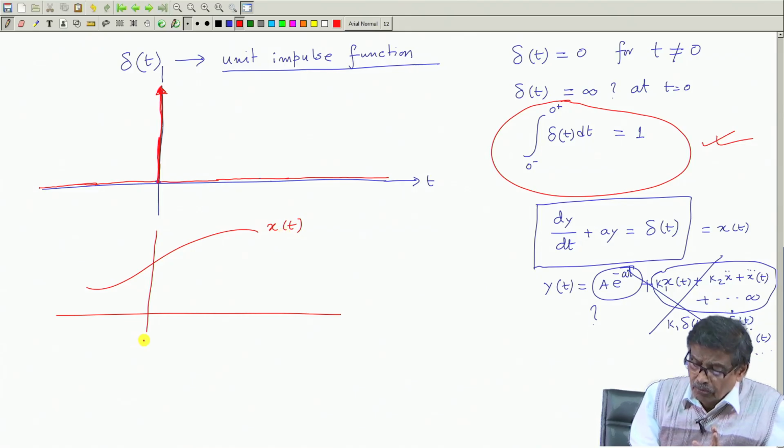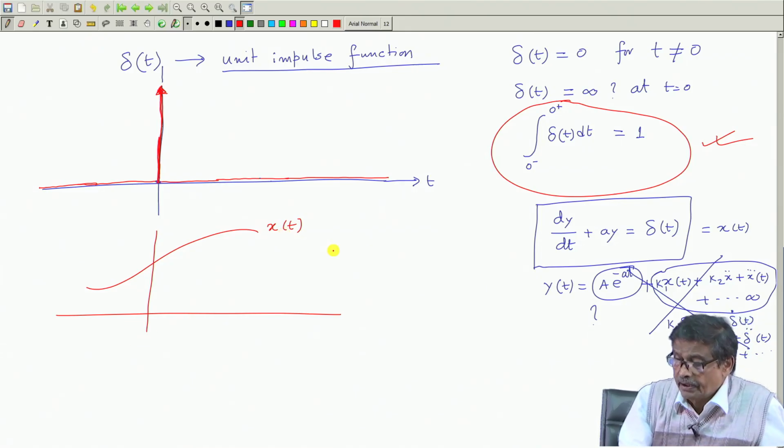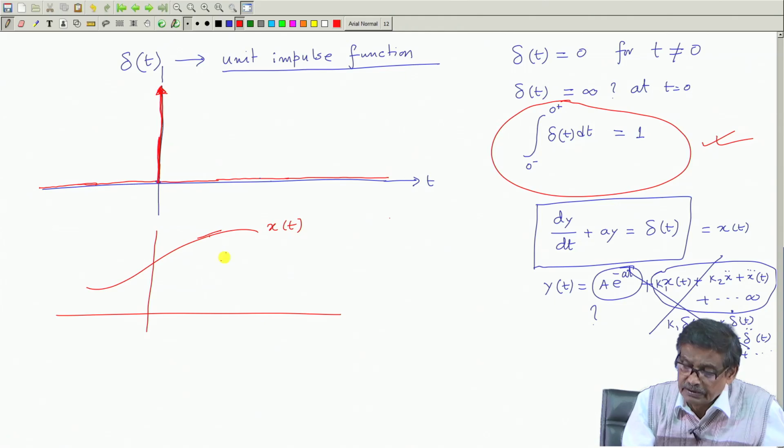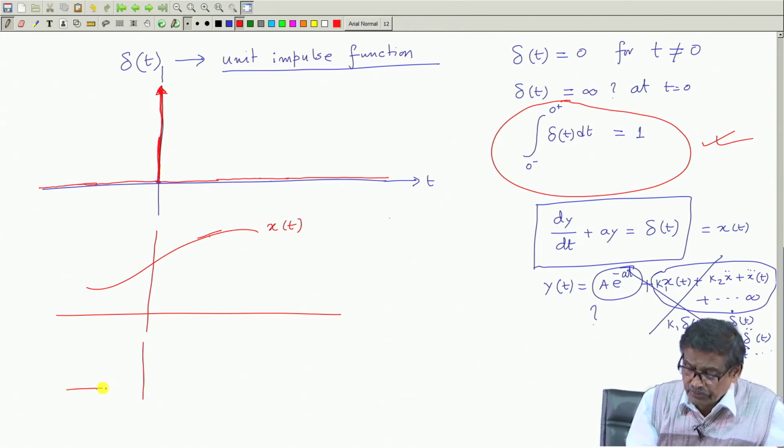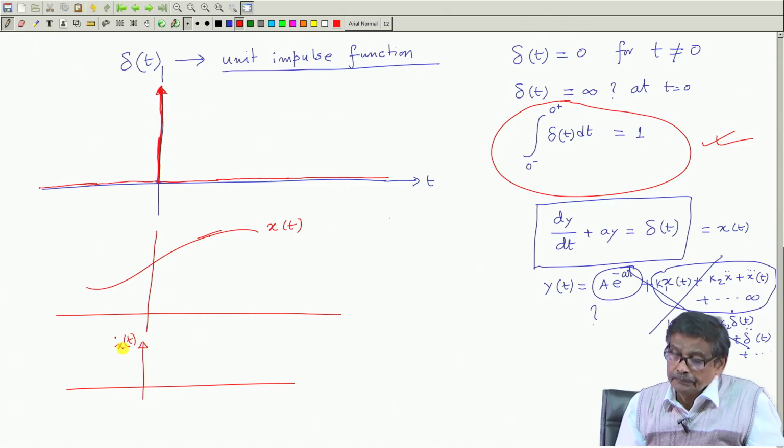We know what I understand by x dot t. If I ask you to sketch x dot t, I will be able to sketch it. I will calculate the slope at various points, and then I will be able to sketch x dot t. Try to follow me.